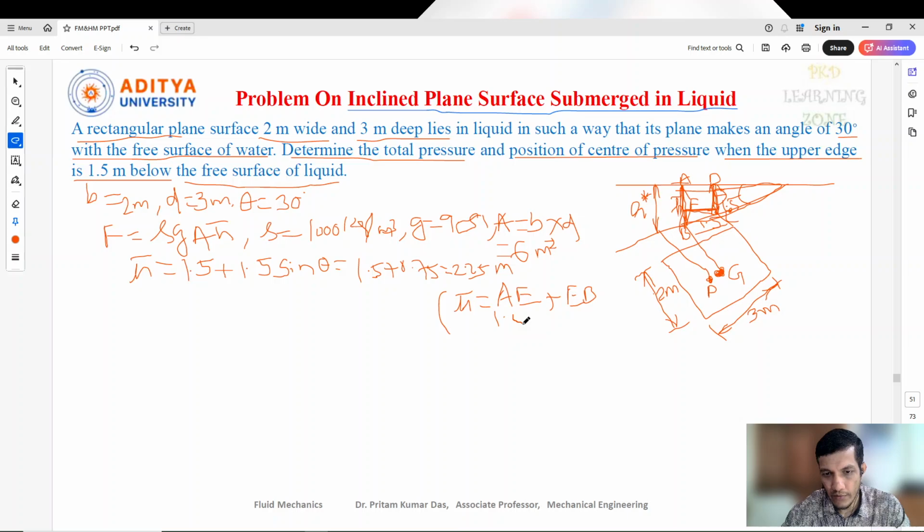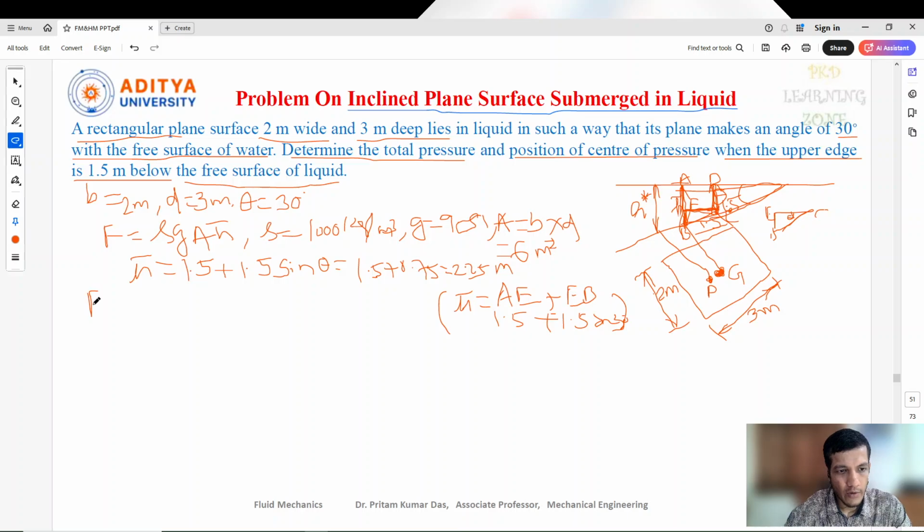EB is this distance. Here I can draw a small triangle with points E, B and C, and this makes an angle theta. So EB is this length into sine theta, that is 1.5 sine 30 degrees. That is the same thing I have written directly here. So now we got the value of h bar.